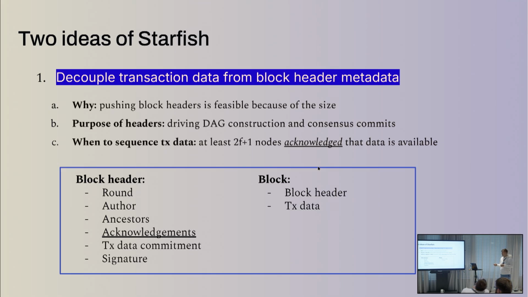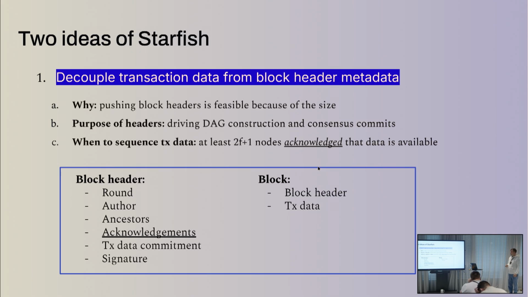For this purpose, we add one more field in the block headers, where you need to acknowledge that the data is available on your validator. Then you can sequence the transaction data only if a quorum of the network agrees that they have the data available on their validators.